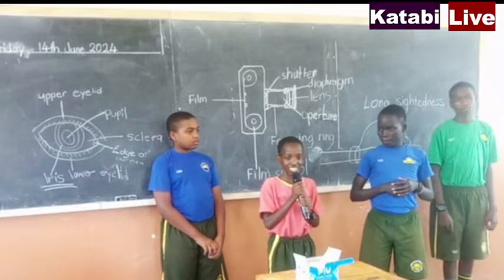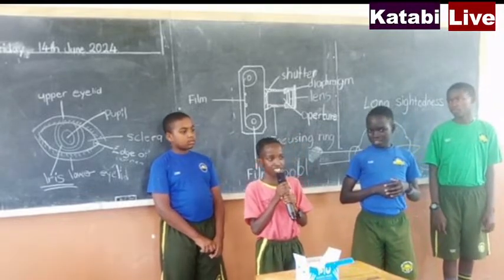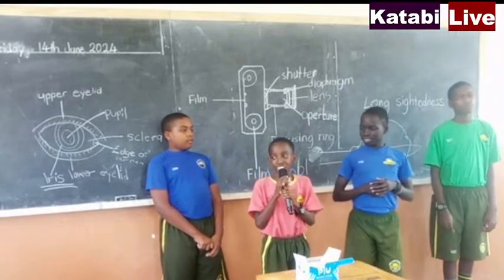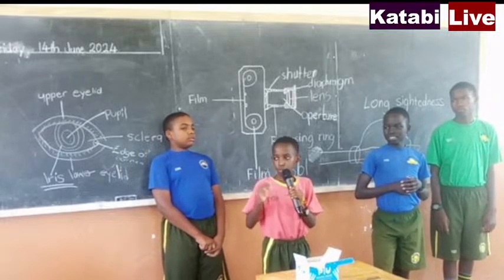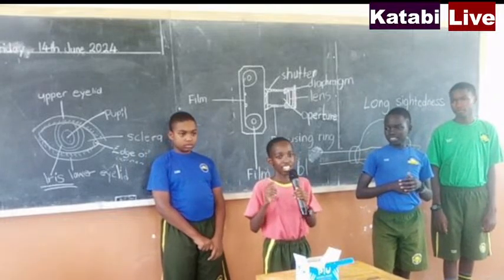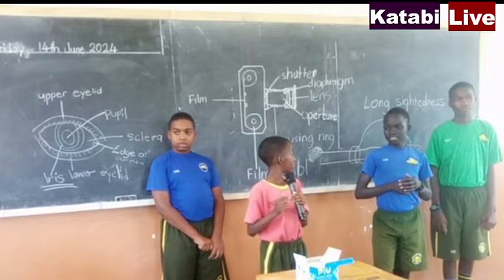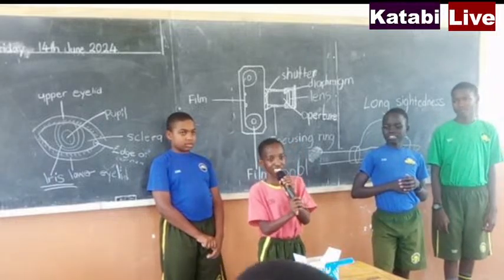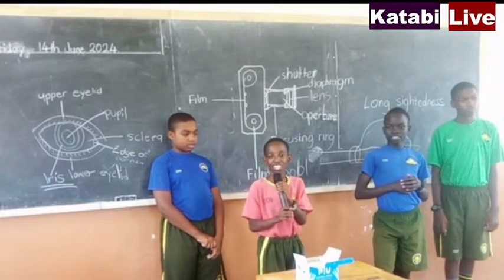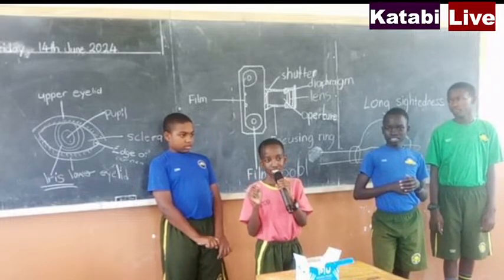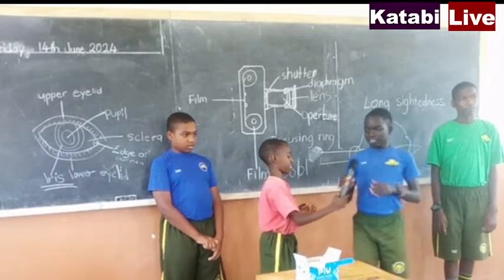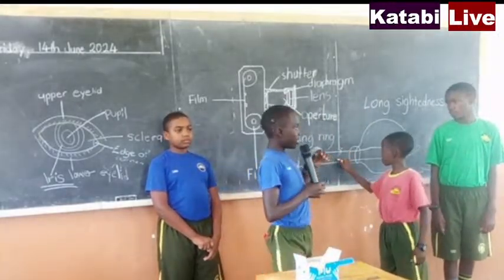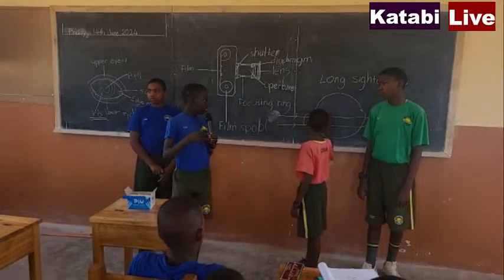The answer is, the concave lenses diverge light rays before the light rays reach the eye lenses. So thank you, Eric. He has told you how the spectacles with concave lenses correct short-sightedness.